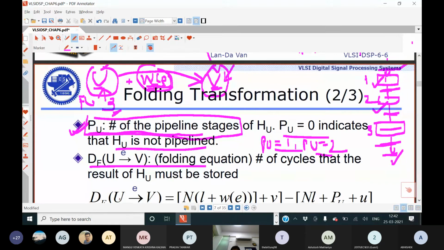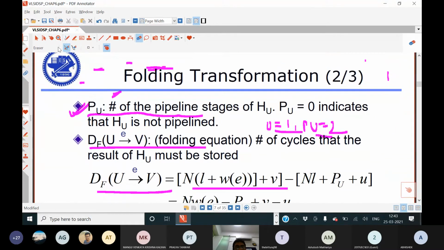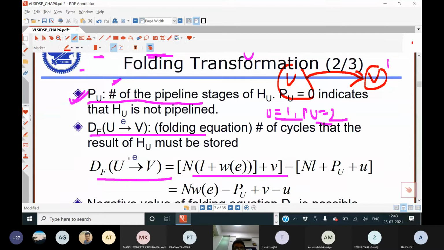The relation is from U to V. If you want to understand this equation, you need to understand this concept. Here I have a U, here I have a V, and from U to V there is a connection. So U to V there is an edge.